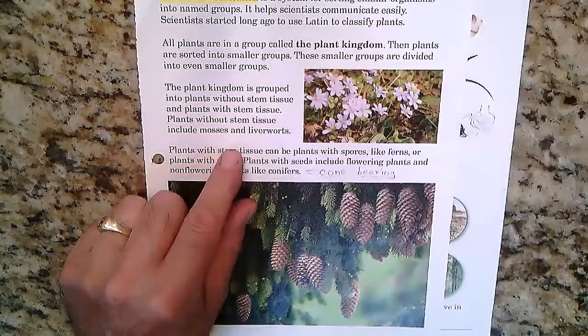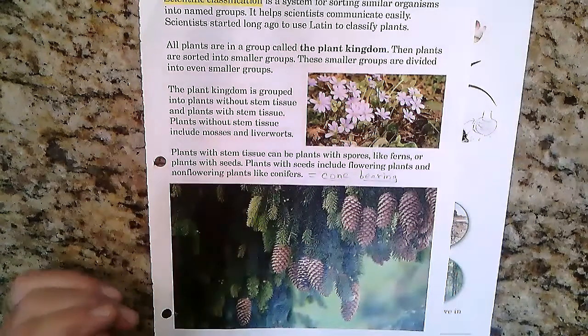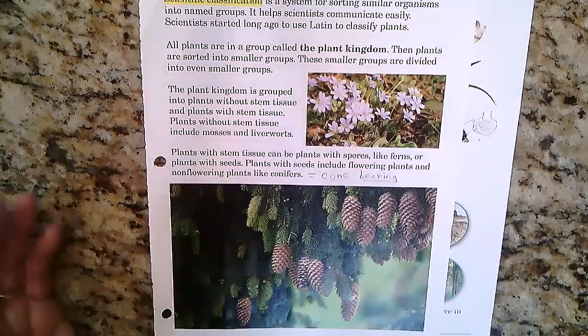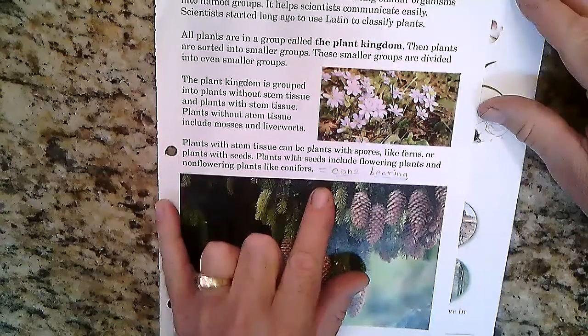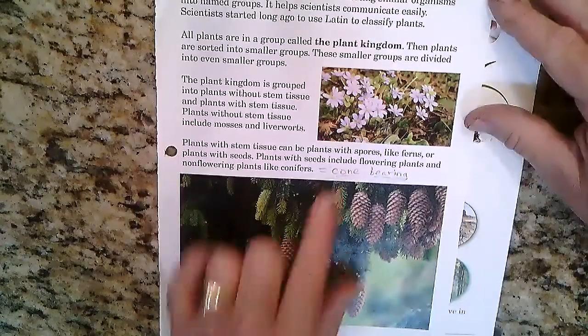And we know that the stem helps the plant become more upright. Of course, the plant with the largest stem we could think of as a giant tree, and the trunk would be that stem. And speaking of that, some of your large trees are cone bearing, and their seeds are found in the cones.